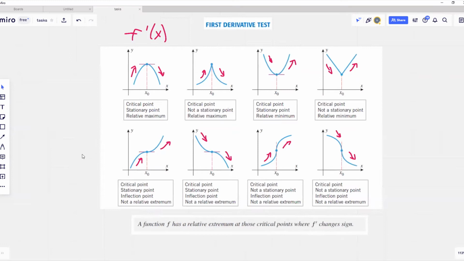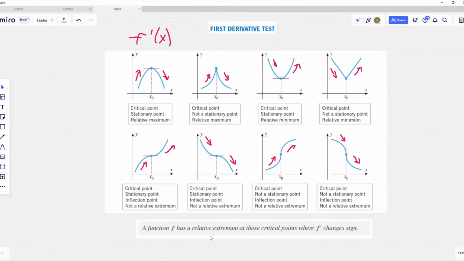First of all, we should note that function f has a relative extremum at those critical points where f prime changes its sign. Moreover, by looking at the sign of f prime, we can decide whether we have a relative minimum or relative maximum happening at our critical point. So in the first case here, our f prime is changing its sign, so it is increasing up to point x0.